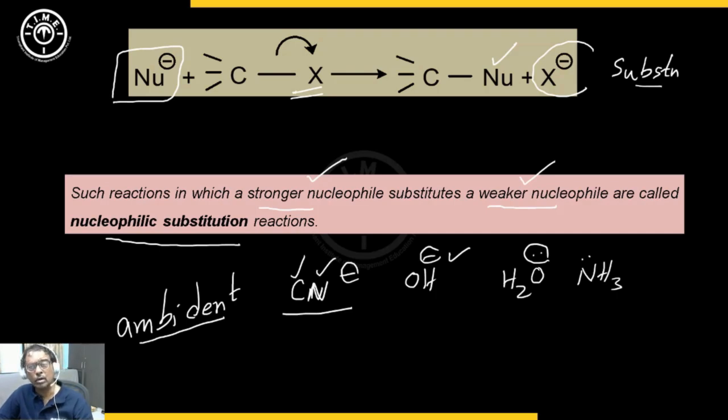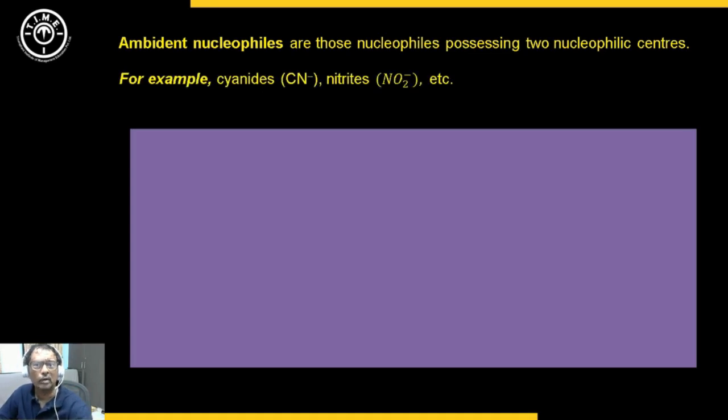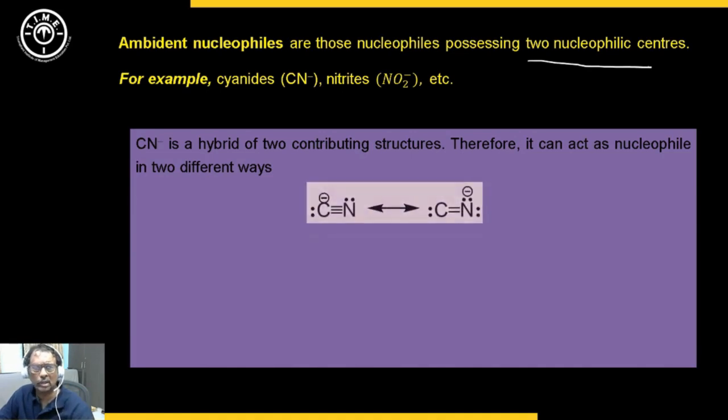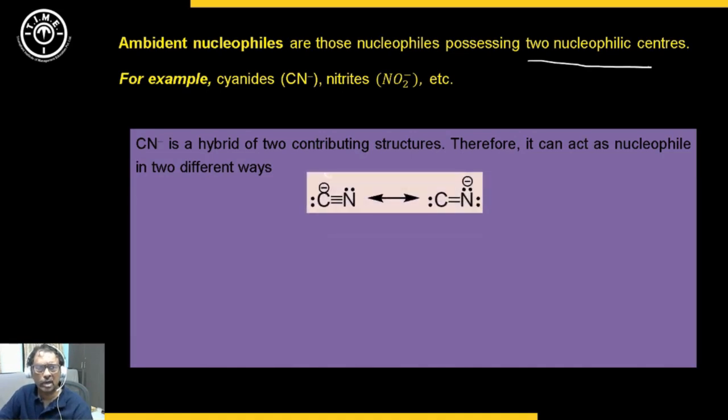Similarly in NO2 minus, you will find an oxygen attacking or a nitrogen attacking. Let us check that part. Now ambident nucleophiles will have two nucleophilic centers, right? In cyanides, let us check what are all the donor atoms, a carbon as a donor or a nitrogen as a donor.